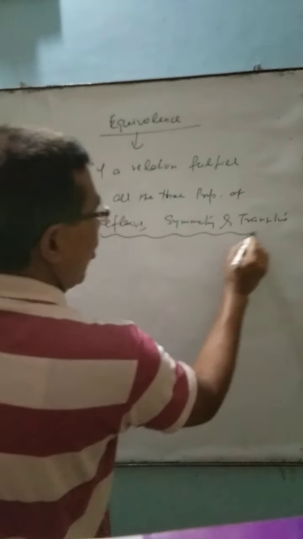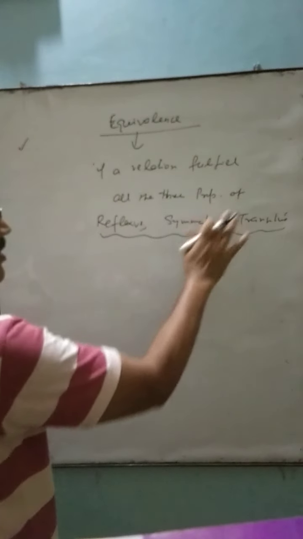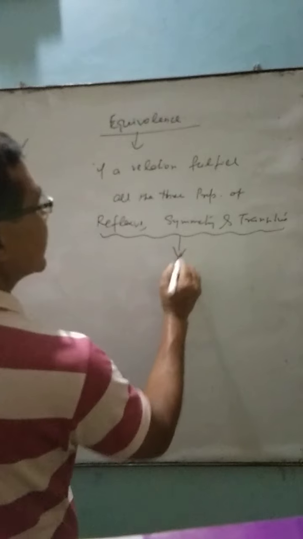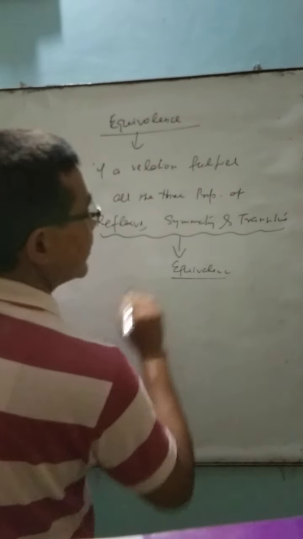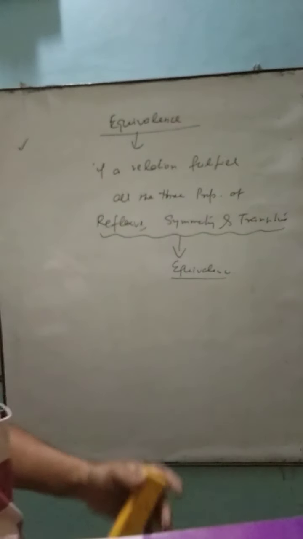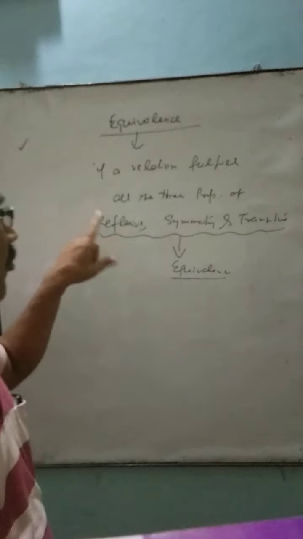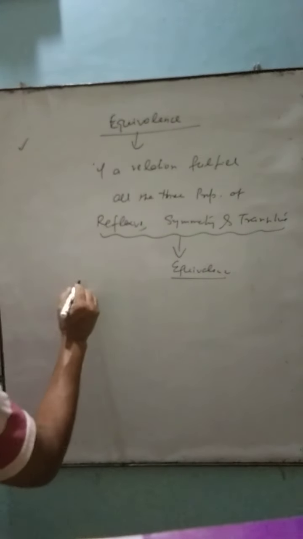If all three properties are true, please listen carefully. If any relation is there which fulfills all the three different properties, then it is known as equivalence relation. If the question is there, prove that the relation is equivalent, so you have to prove first reflexive, symmetry and transitive. Now I will take one example.